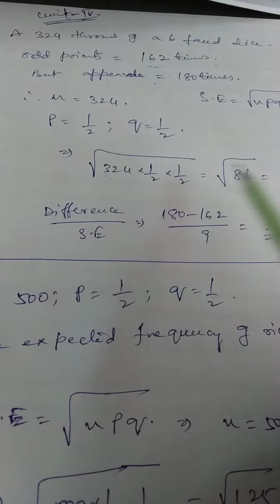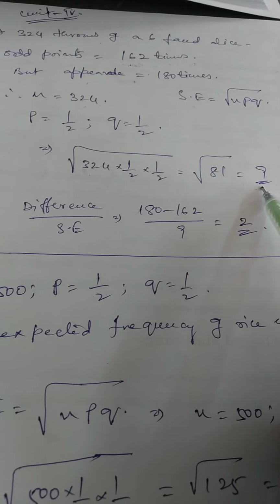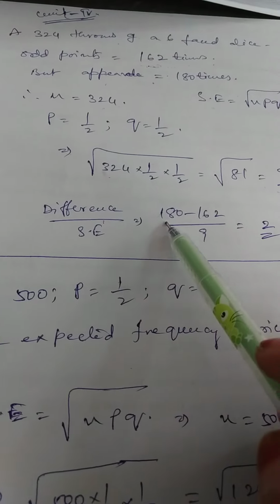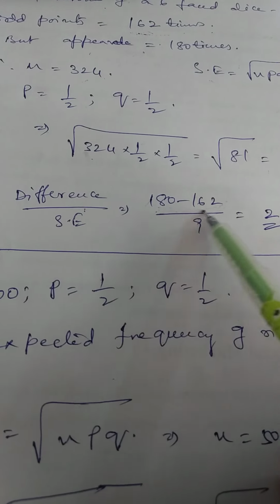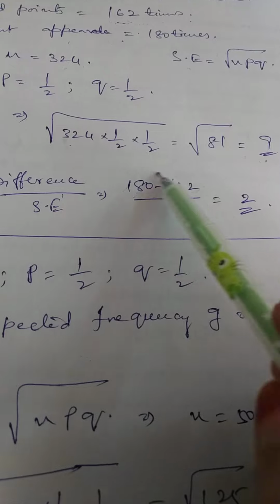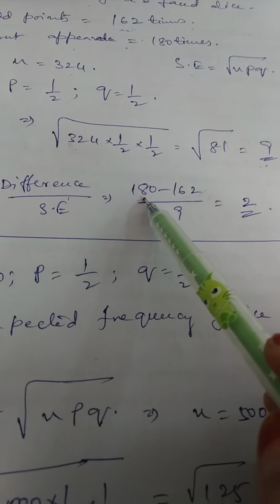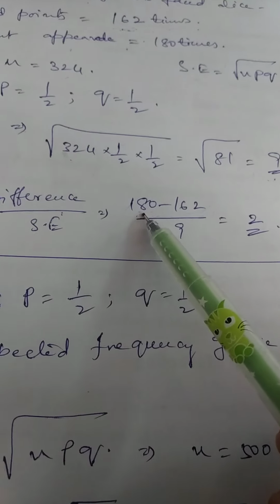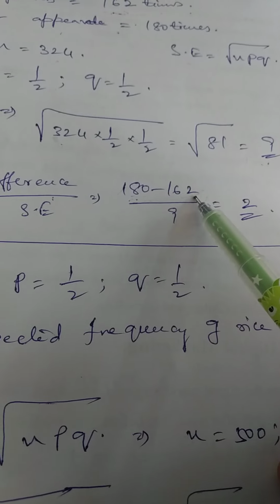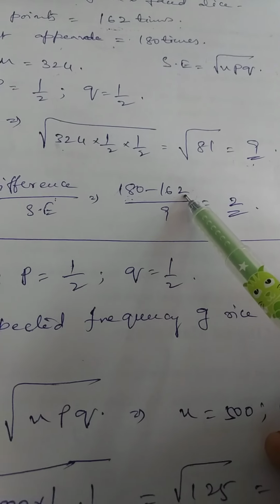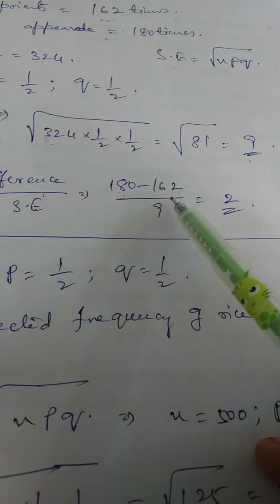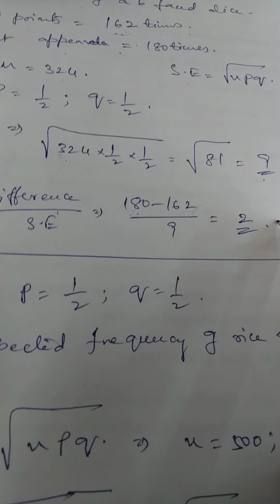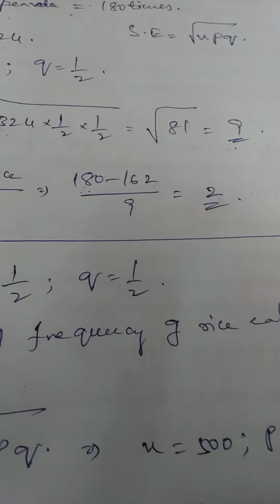So therefore here your standard error is 9, and the difference: he has got 180 times odd points, whereas as per our hypothesis it should be 162 times. So he has got 18 times extra. So 18 by 9, that is equal to 2. Now what can be your probable conclusion?